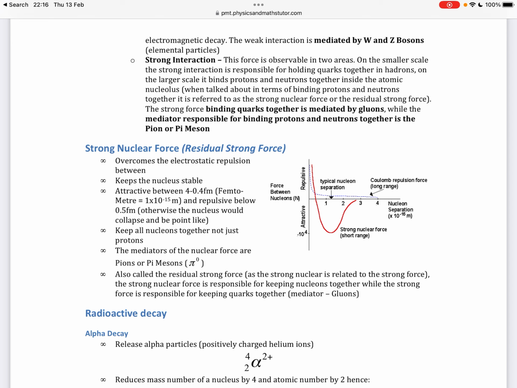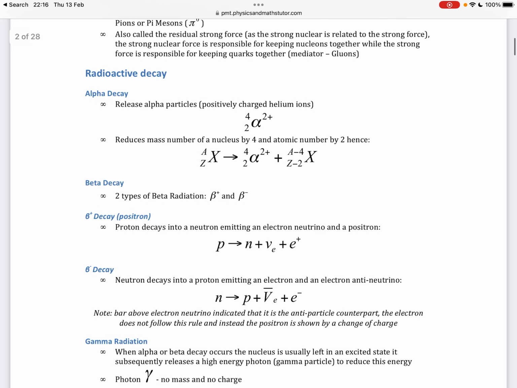The mediators of the nuclear force are pions or pi mesons. It is also called the residual strong force, as the strong nuclear force is related to the strong force. The strong nuclear force is responsible for keeping nucleons together, while the strong force is responsible for keeping quarks together, mediated by gluons. Okay, so we now go to radioactive decay.